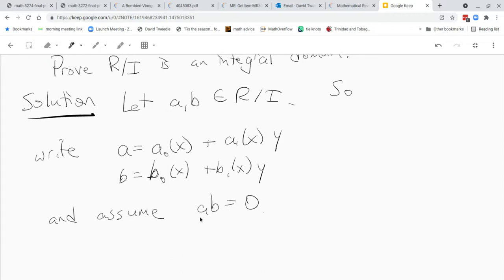Our goal is to show that A or B or maybe both are 0.